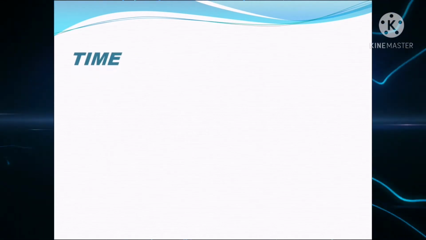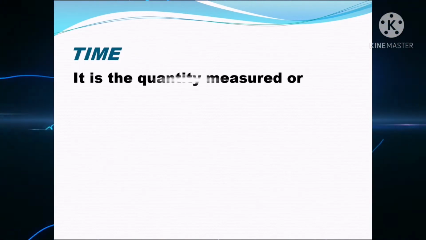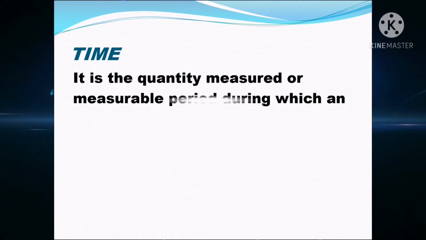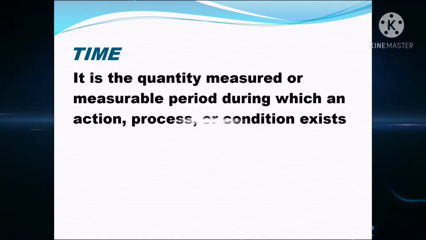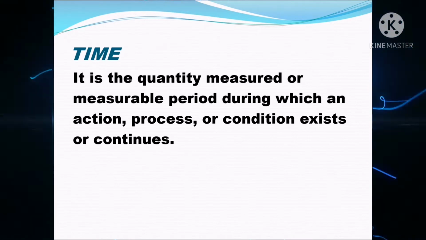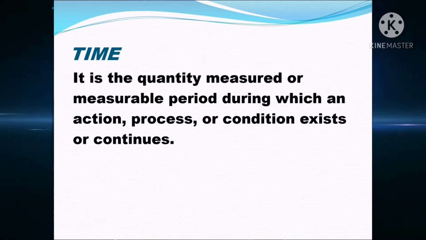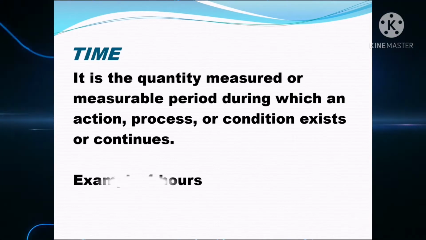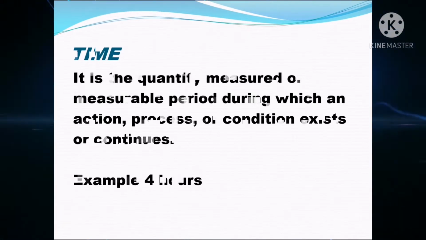Lastly, we have the time. Time is the quantity, measured or measurable period during which an action, process, or condition exists or continues. For example, 4 hours. 4 hours is a time.